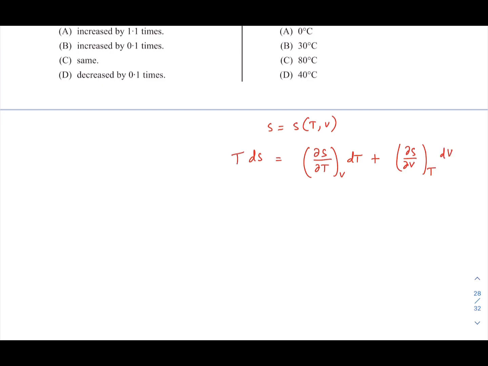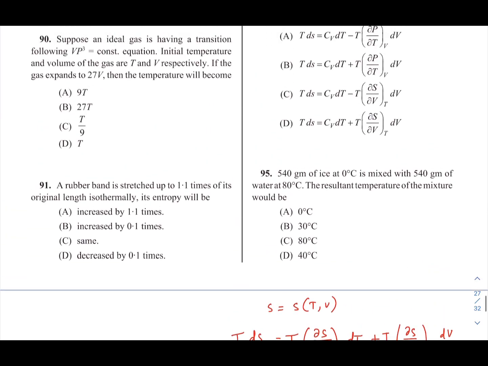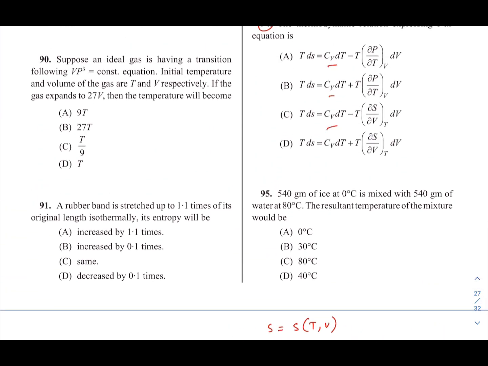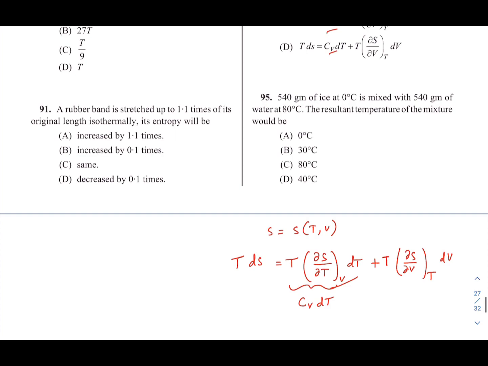Now multiply both sides by T, and this can be related to Cv dT, which we are not interested in because every option has Cv dT. So let us look at the options. So option D is the same as this. So option D is one of the correct answers.